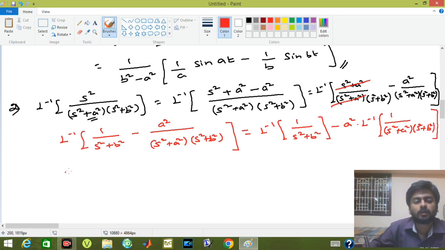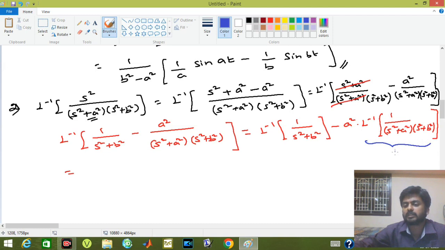Okay, now you can see what is this. This is our first problem. So for this you have to do the partial fractions.